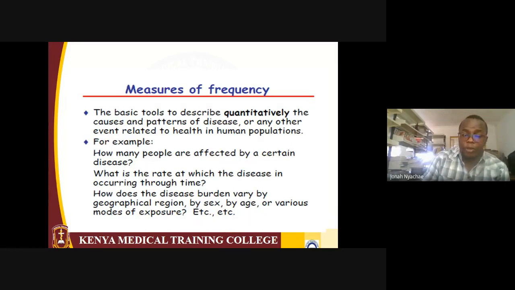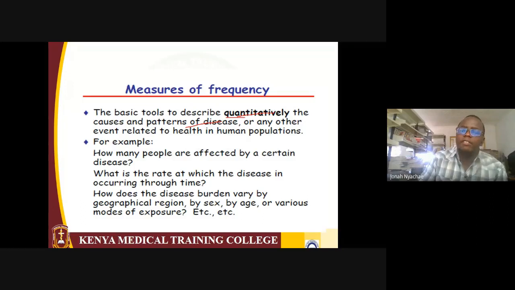So the measures of frequency are the basic tool to describe quantitatively the cause and patterns of disease. Quantitative in the sense that you are attaching a numerical value. For example, you can say the number of people in a particular population with epilepsy is 10.